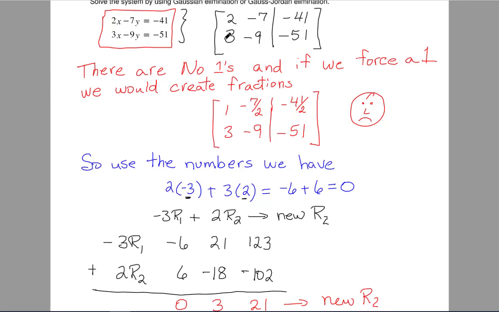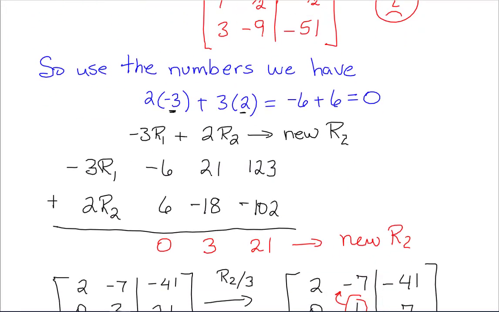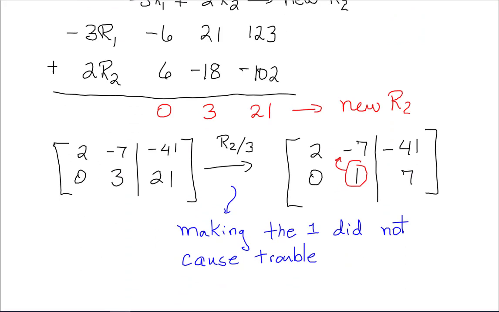And then 2 times row 2, so multiply 2 all the way across. Alright, let's scroll back down now that we can see what's going on bigger. Alright, and so we're down to here. And so we're going to add these up. I do get a 0, a 3, and a 21.